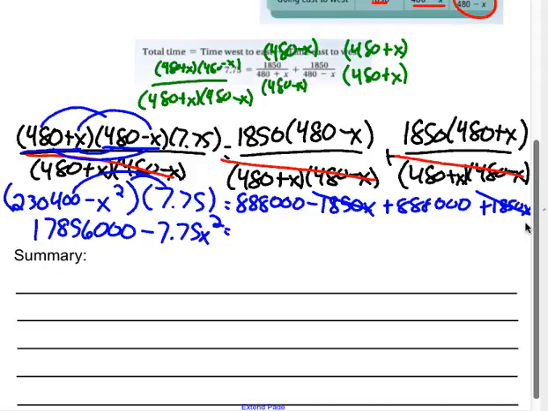So all we have left is twice the 888,000. All right. So I'm going to subtract this number from both sides. So this minus that, let's take a look at what that gives me.